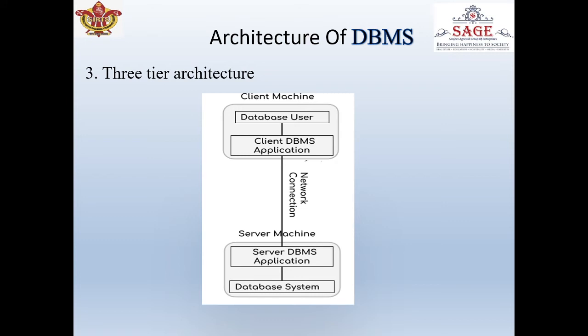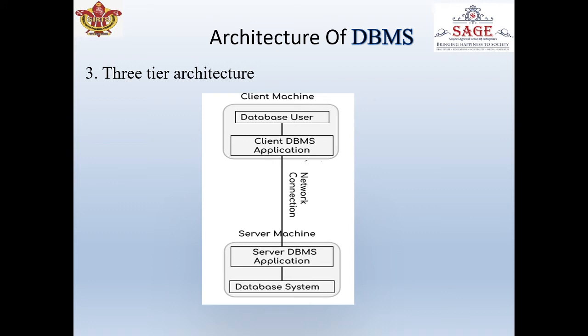In this layer you can see it is present between the client machine and server machine, right? You can see the database user and client DBMS applications are connected by the network connection to the server DBMS application and database system, right?